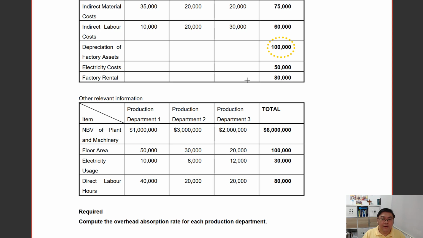For example, would you say, because my floor area is bigger, I will take more depreciation? That does not sound quite logical, because why would a big area have more depreciation? Not necessarily true. Then what about electricity usage? You might say that the more electricity I use, the more I use my machine, the more it should be depreciated.